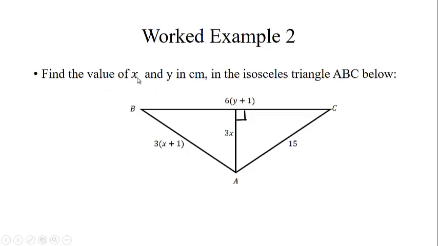We are supposed to find the value of x and y in centimeters in the isosceles triangle ABC. Now, analyzing this, we can realize that this squared will be equal to this squared plus this squared.